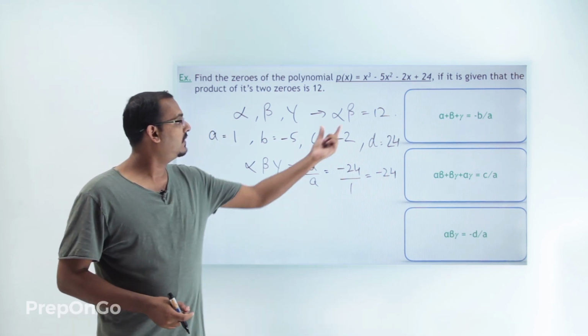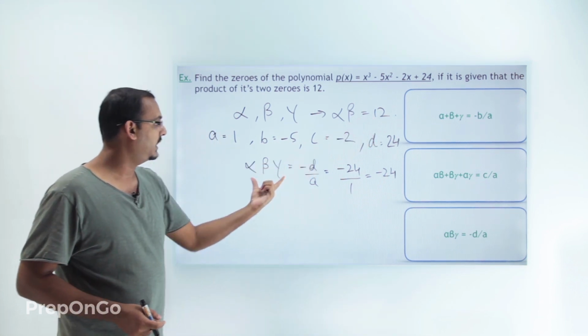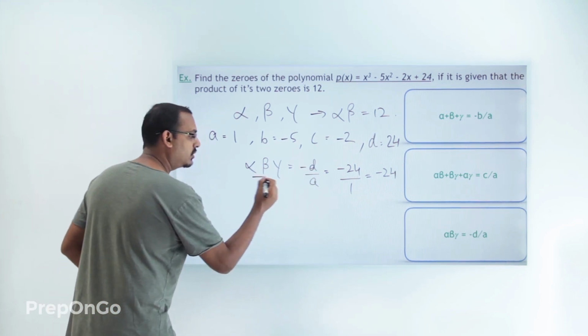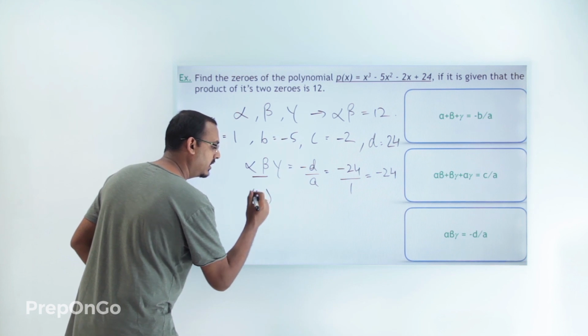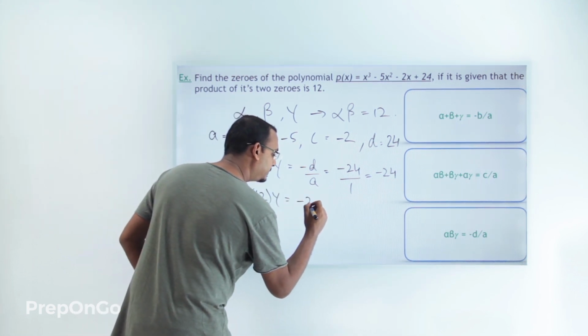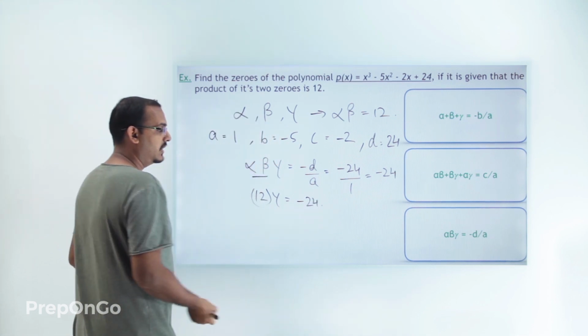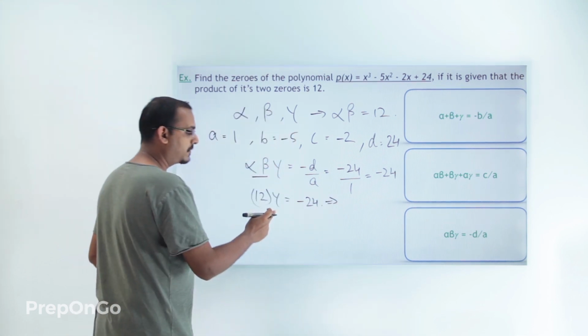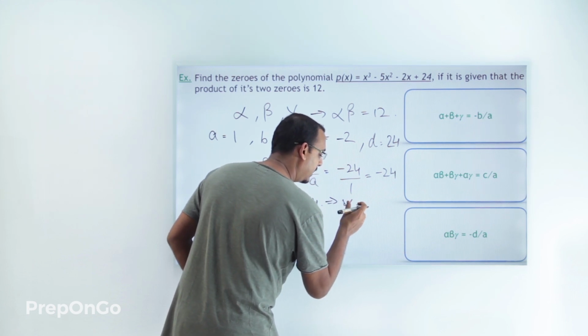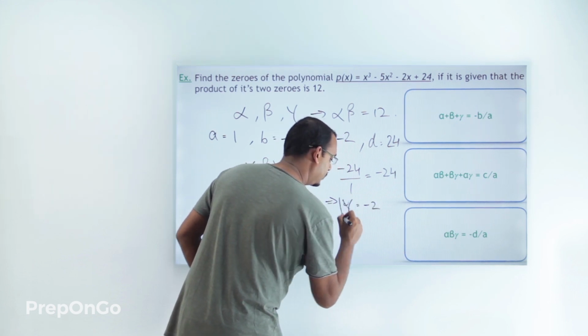Now I can substitute the value of alpha beta, which is 12, in this expression to find the value of gamma. So 12 into gamma is equal to minus 24. This gives me the value of gamma as minus 2.